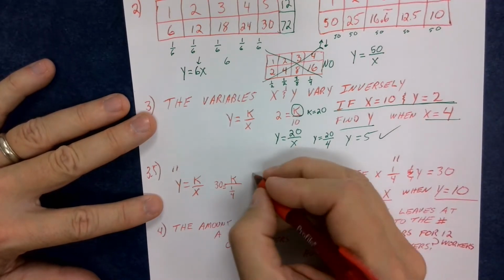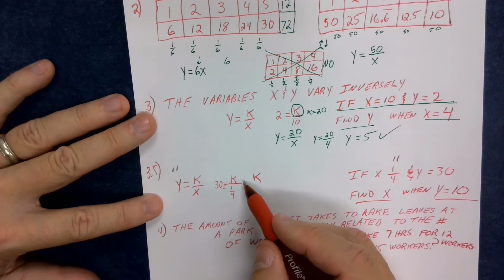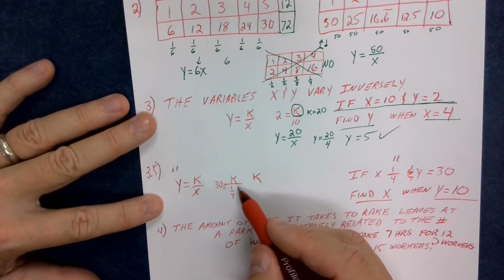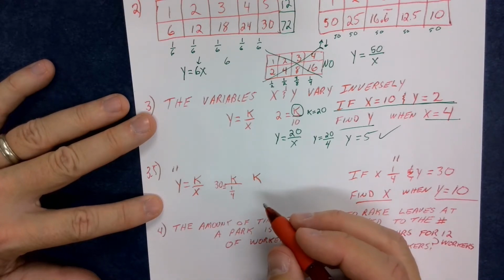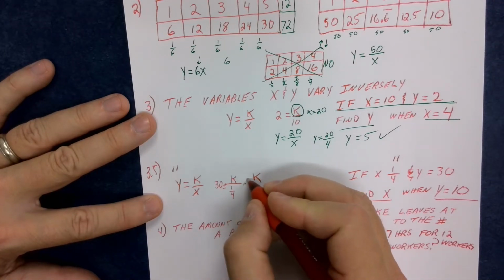Well, I have to find out k first. Okay, so if I have division by 1/4, then I have to multiply by that same number to get it out, right? So another way that you could think of it is, I'll just do it like that.